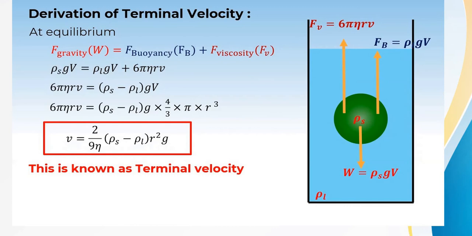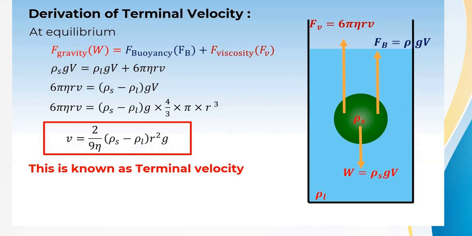The weight of the liquid is volume into density of the liquid, and the volume is the volume of the solid itself, because when the solid comes down, it occupies space equal to the volume of the liquid displaced by it.